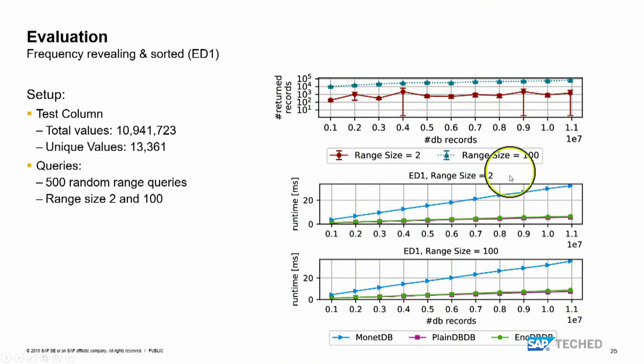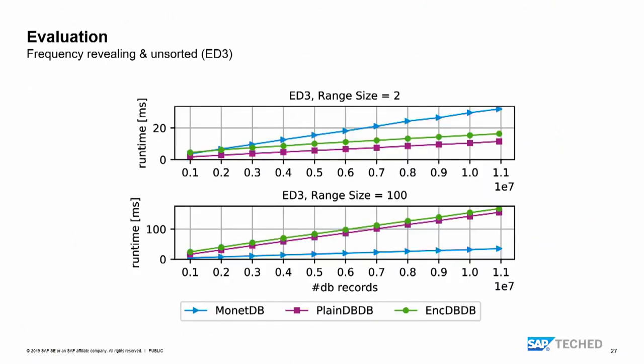The results of ED2 and ED1 are almost the same. The y-axis is almost the same, and most certainly you can't see a difference. But for ED3, the difference now is large. The y-axis is 20 here, 100 here. And this is the result of this slower attribute vector search.